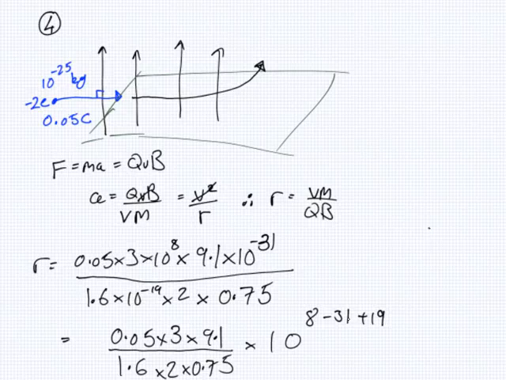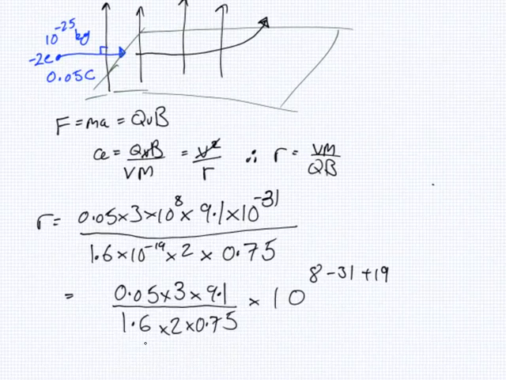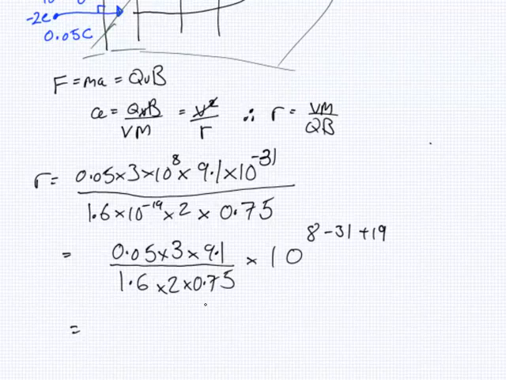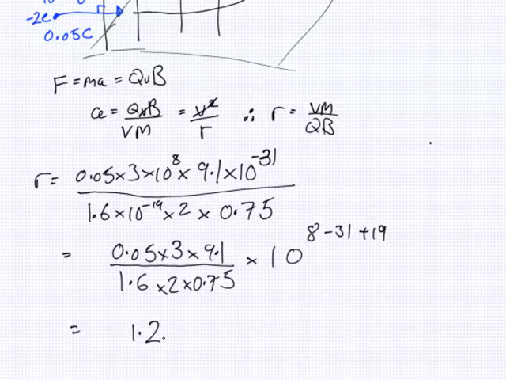So that's minus 31 plus 27, which is minus 4. Does anyone have this fraction? I have the final answer. What is it? 1.28 times 10 to the minus 4. Okay, and that's quite small, actually, smaller than I thought.